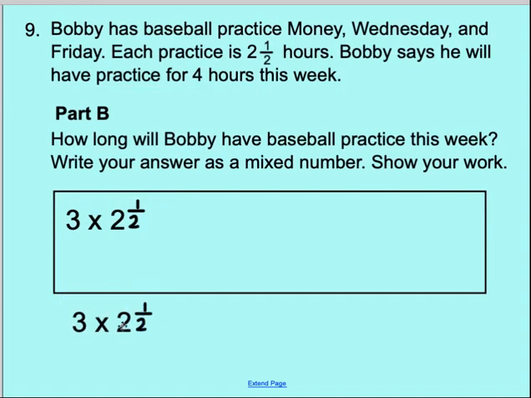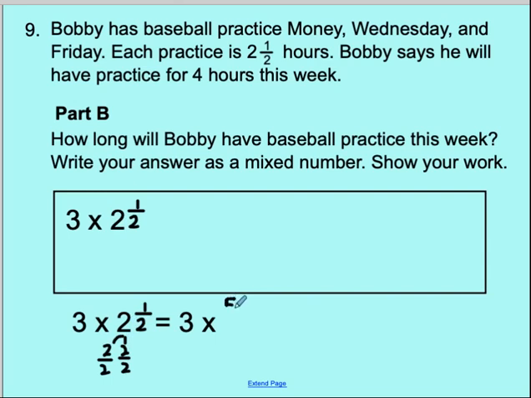Okay, so 3 times 2.5 is the same as 3 times, and then let's make this an improper fraction. So 2 is made up of 2 halves, so that's a whole, and then another whole, another 2 halves, and then plus that 1/2. So 2, 4, 5 halves.